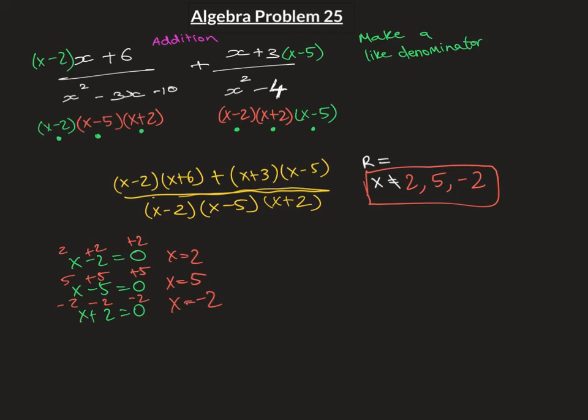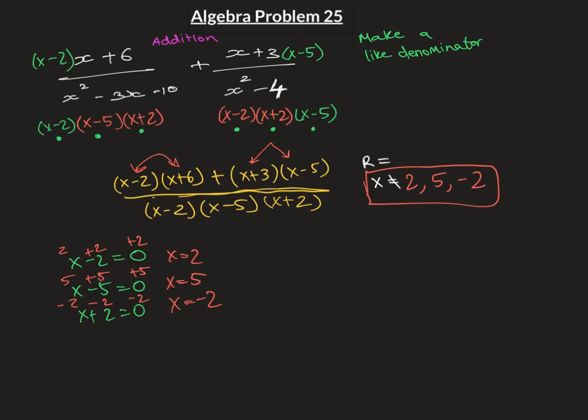What you would do here is actually quite simple. Once you get to this step, it's pretty self-explanatory. All you have to do is multiply each of these. So what's x minus 2 times x plus 6?